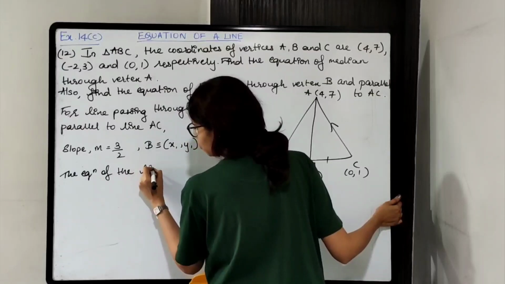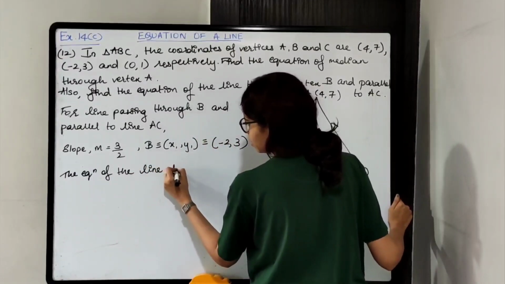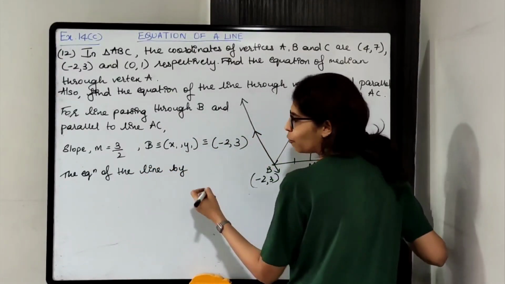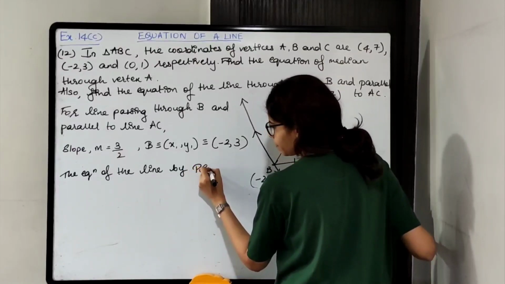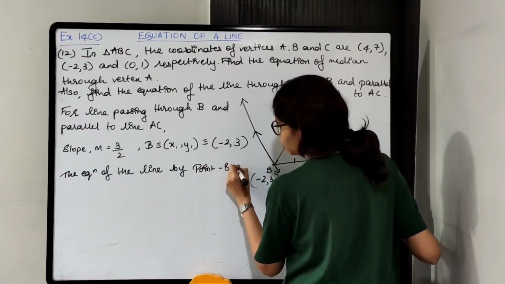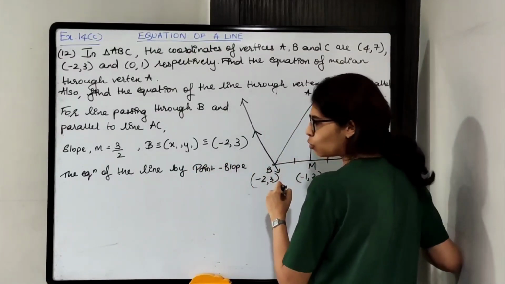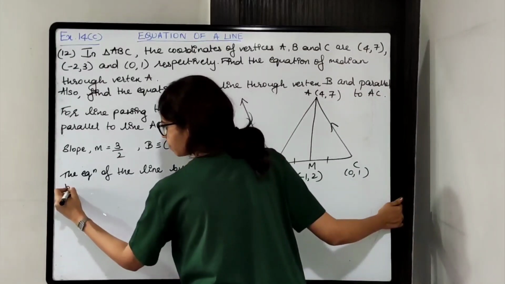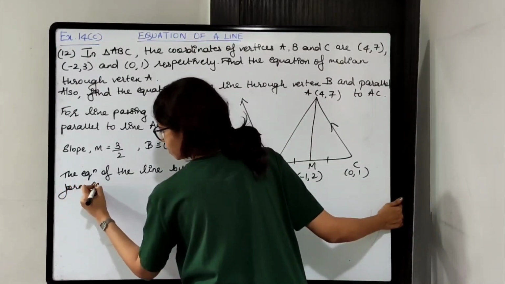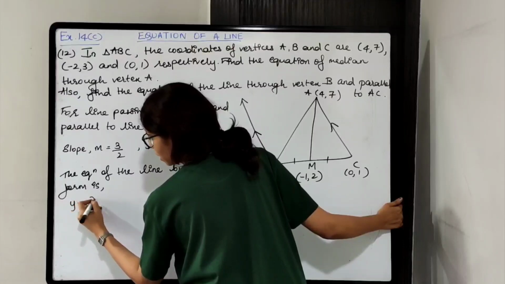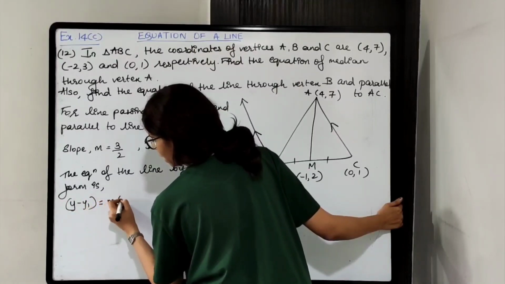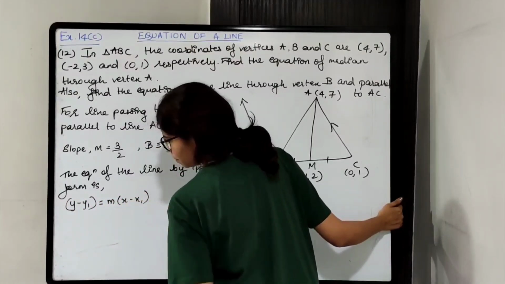The equation of the line by point slope form, because we know one point ka coordinates and slope, it will be y minus y1 equals to m into x minus x1.